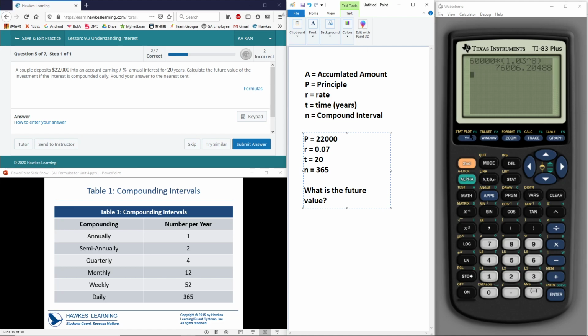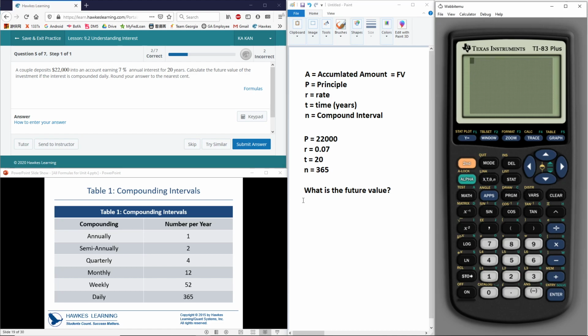So then the question is, what is the future value? What does that mean? That just means this A right here. This is also equal to FV, future value, meaning how much money you will have 20 years later because you invested. So let's put this in the calculator.